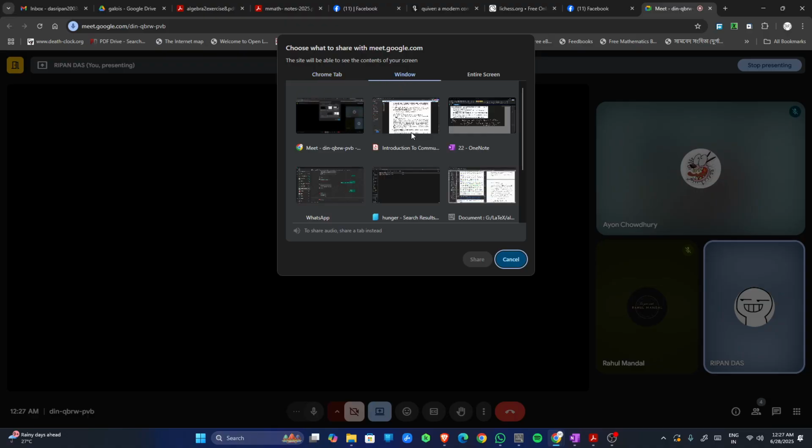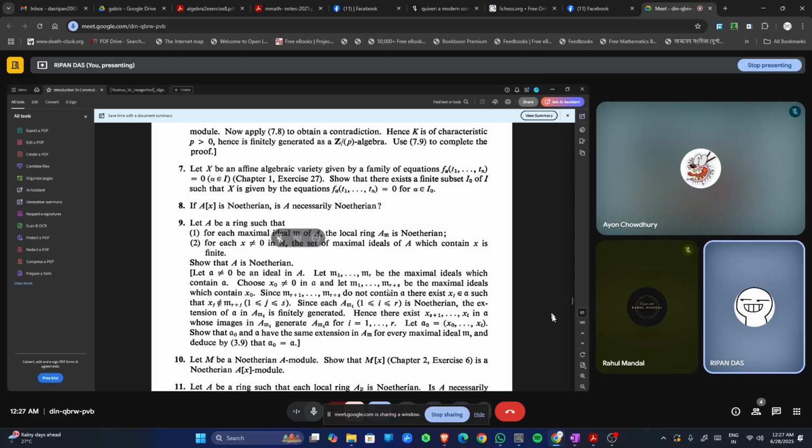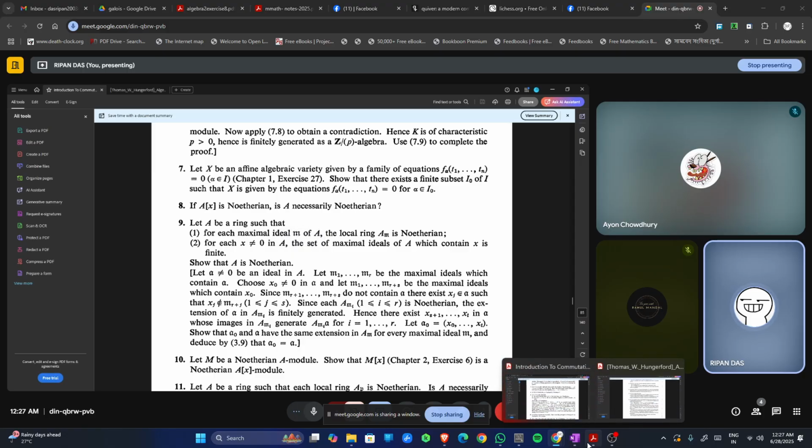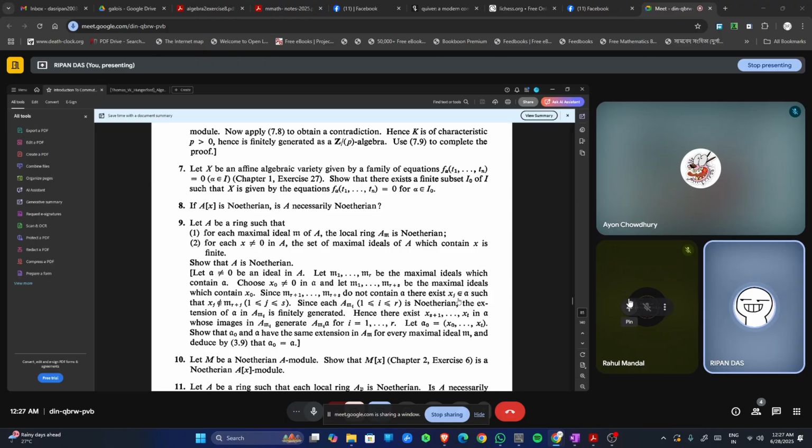Is it visible? No, I guess not. Okay, it is now visible, I think. So problem 8: if A[x] is Noetherian, is A necessarily Noetherian? What can you say about it?